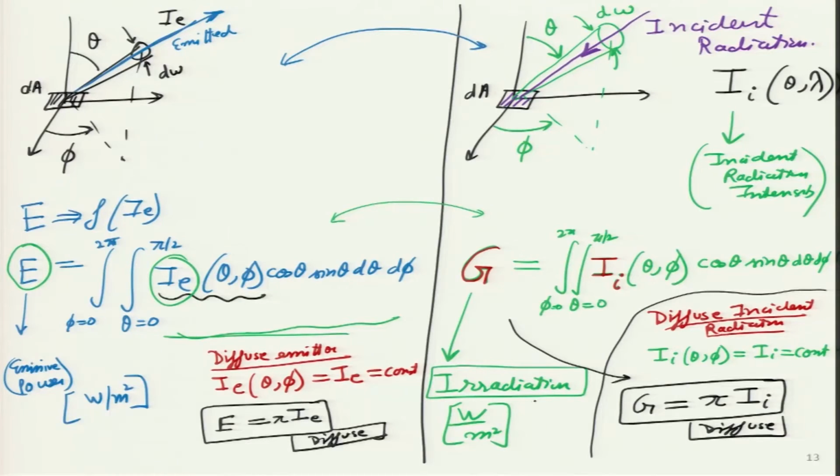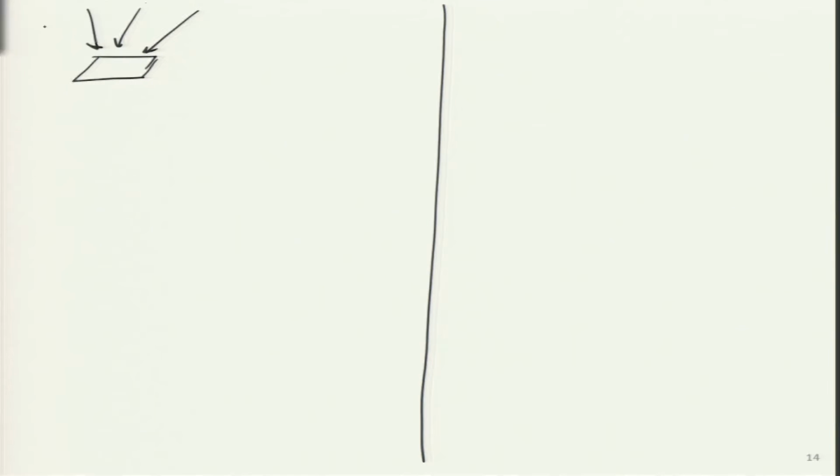But if it is diffuse, mathematics shows us that the total irradiation, which is kind of a flux because it is given in watts per meter square, that is simply equal to the solid angle pi, which turned out to be was 2 pi again divided by 2. So, it turns out to be pi into I i. This is for a hemisphere. Now, let us try and see where will it be applicable. In what condition can I find a surface in real life like this surface over here, in which all directions intensity is constant.